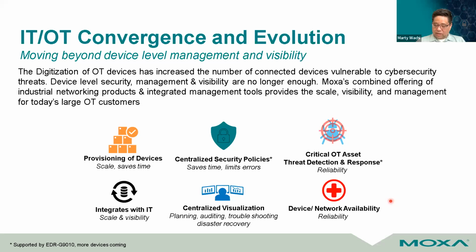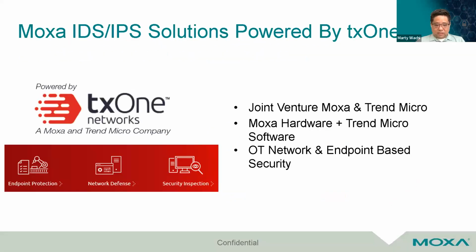So what we'll be talking about is some of the tools and features and functions in some of our products to help enable this. So we've talked about this before, but I think it's worth mentioning, especially given how many products we'll be coming out with in the next 6 to 9 months that are going to have this advanced IDS IPS protection.